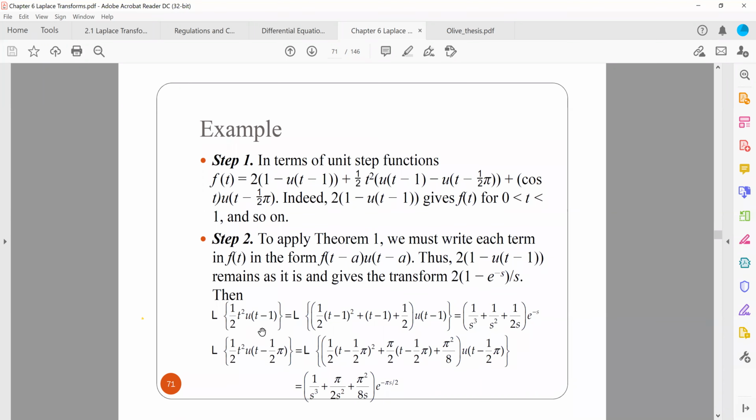The cosine part will go to 0 because cos pi over 2 is cos 90, which is 0. So the sine part is what remains, and it's a negative.